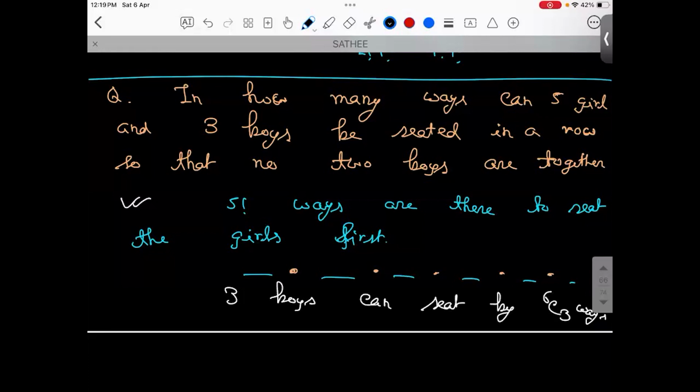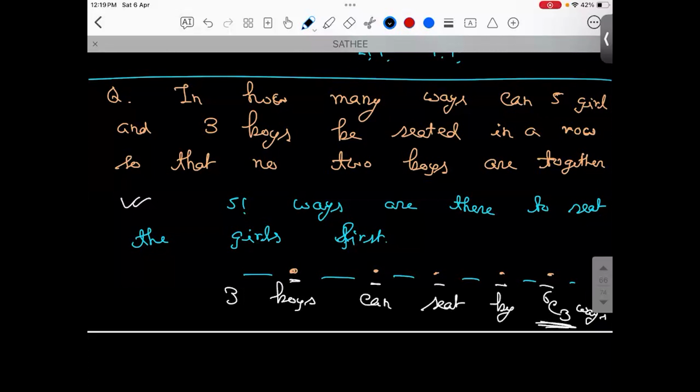Who is sitting in the first position will not matter, but position will matter. So the 3 boys can sit in 6 places in 6C3 ways. Now these girls can sit in 5 factorial ways, and for each way there are this many ways of seating boys.